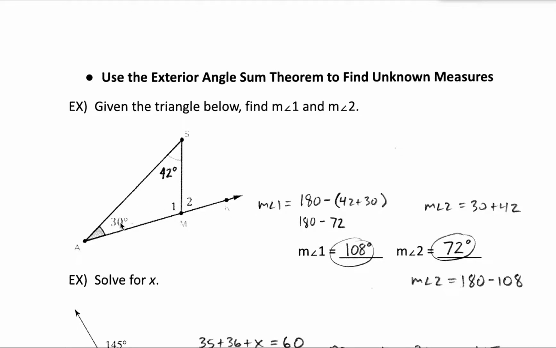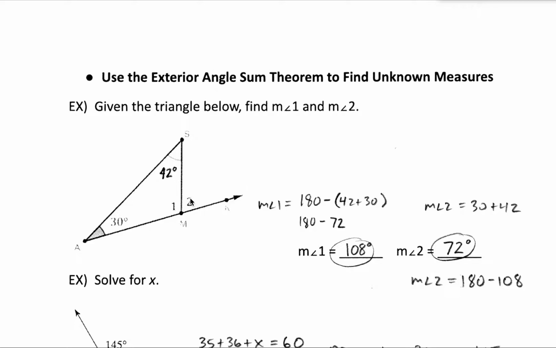In this first example, we know angle A and angle S here, 30 degrees and 42 degrees respectively. If we add those two angles together, that must be the same as the measurement of this outside angle, angle 2. So to find the measure of angle 2, we could just add 30 and 42 together and get our measure of 72.